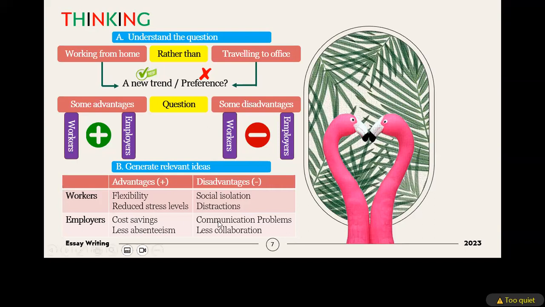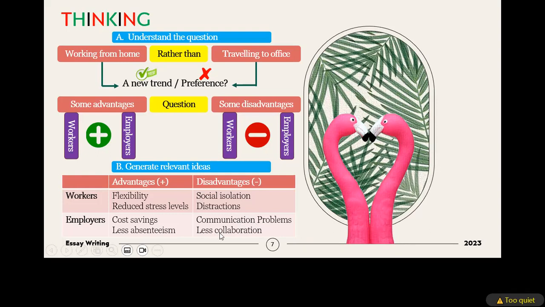And here, communication problems. Okay, now this is one of the disadvantages. So for example, sometimes they want to hold a meeting and they need to contact everyone, and maybe they cannot have this meeting because someone is not ready or someone is not online or blah blah blah. Now this is a communication problem.